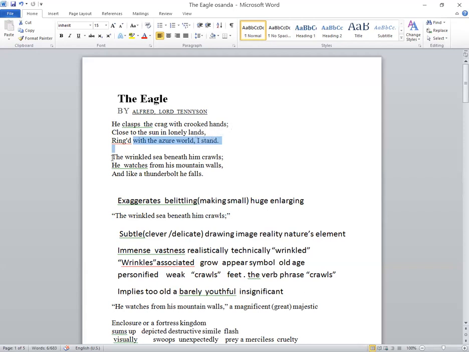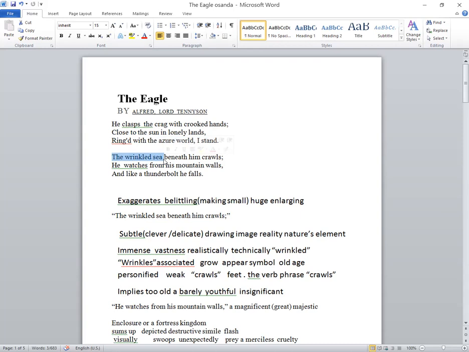You use that inward eye to see and understand the picture in these words. The wrinkled sea. What is the picture you have? Not just a sea. It's a wrinkled sea. The sea is a very old person with wrinkles in his hand.